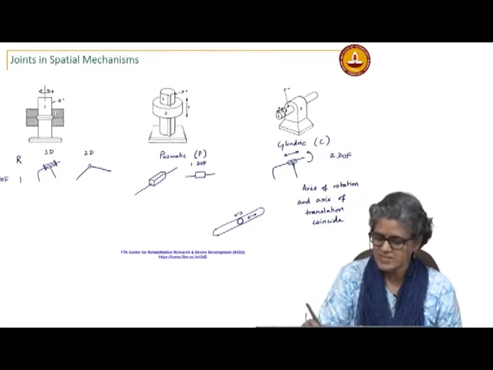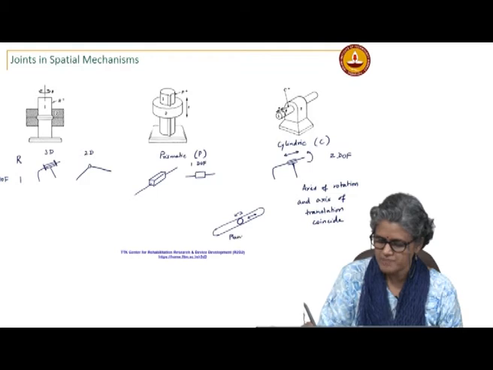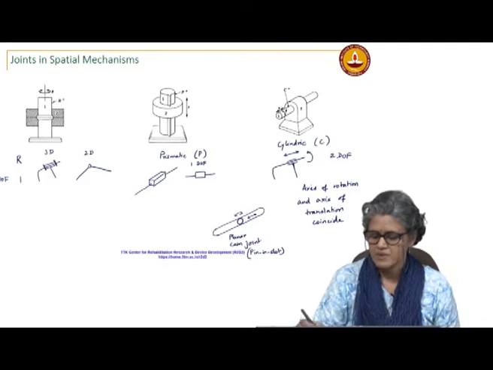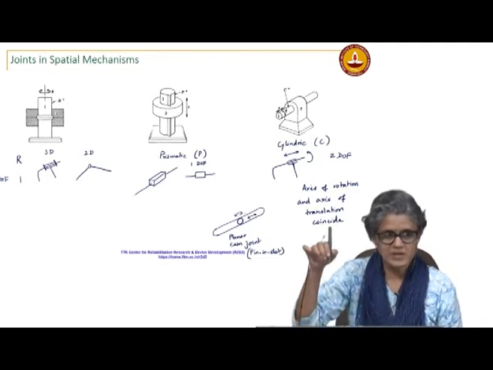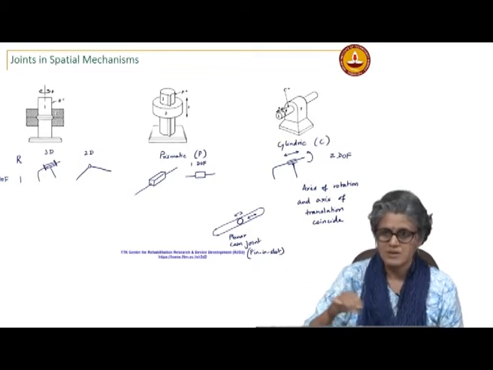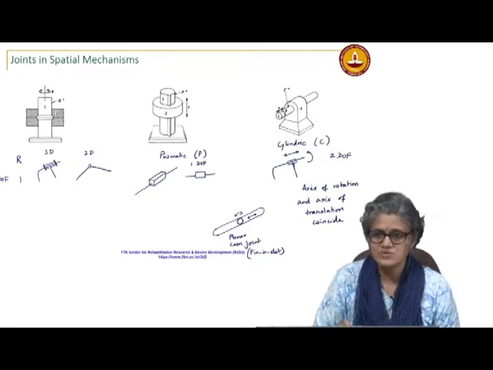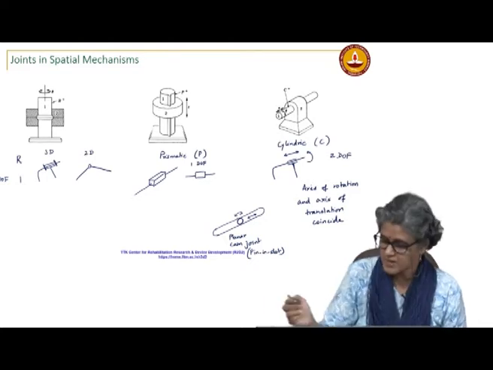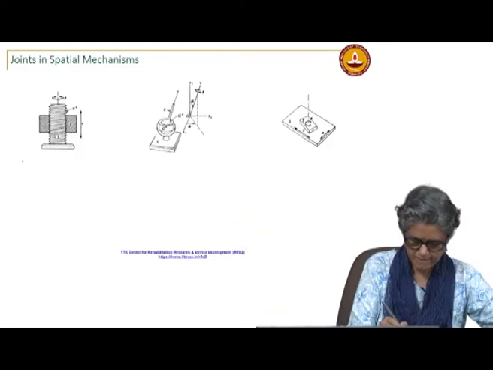On the other hand, this is the planar cam joint, pin and slot. Here the axis of rotation is perpendicular to the plane of observation and the axis of sliding is also different. The two are different, but thank you for clarifying the question.